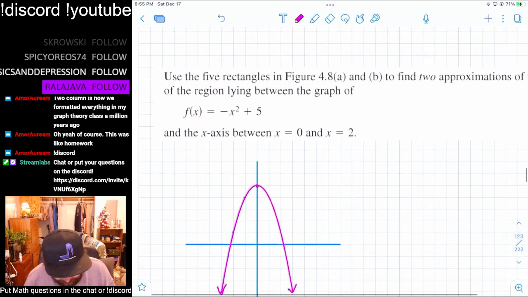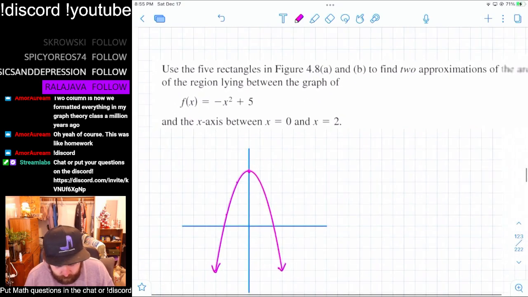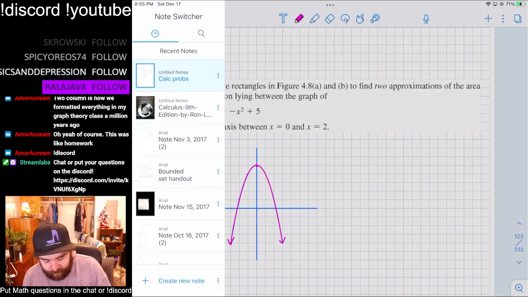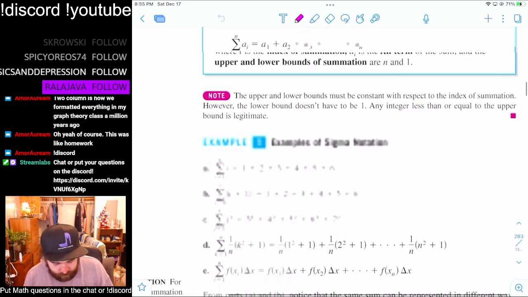They want us to find the area between 0 and 2. Oh, use the 5 rectangles in the picture they give us. Okay, well, let's look at the picture they give us.